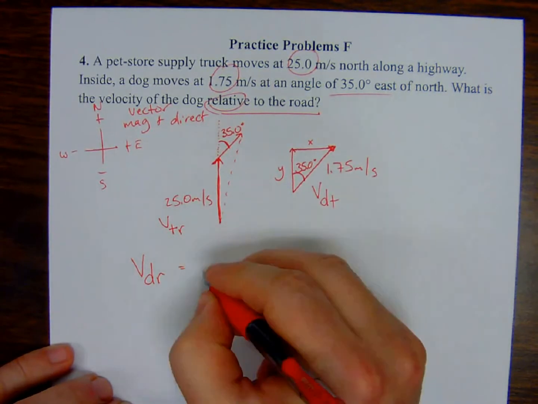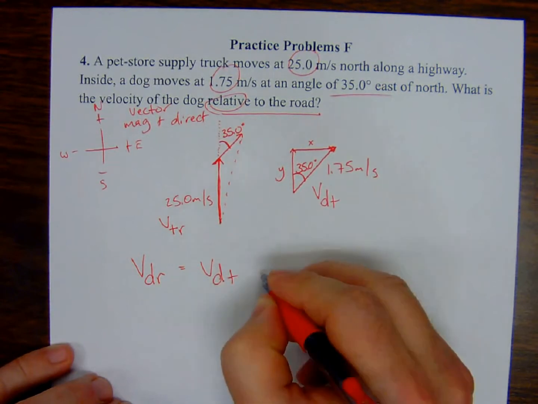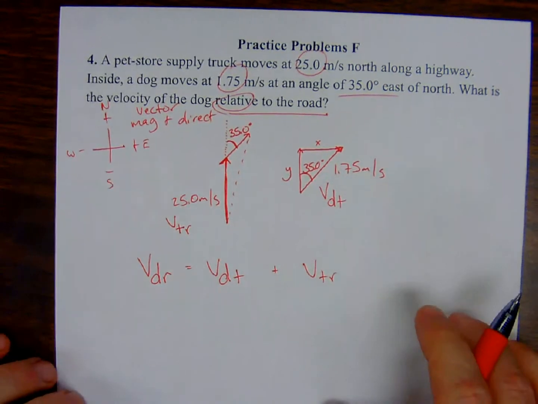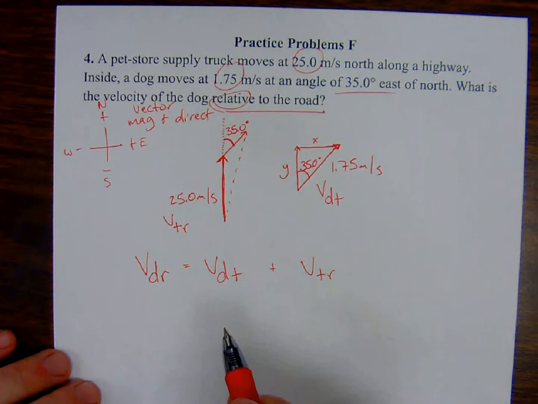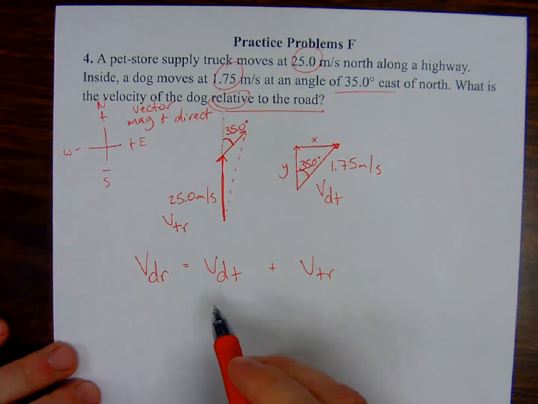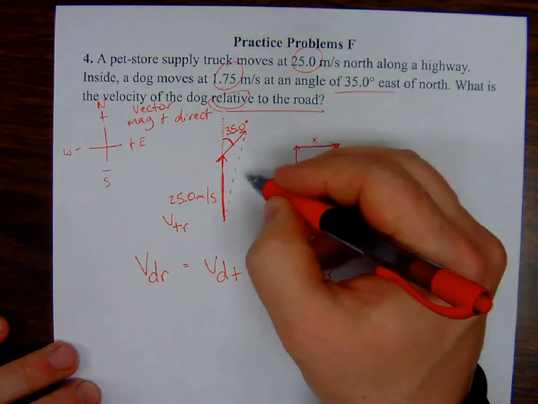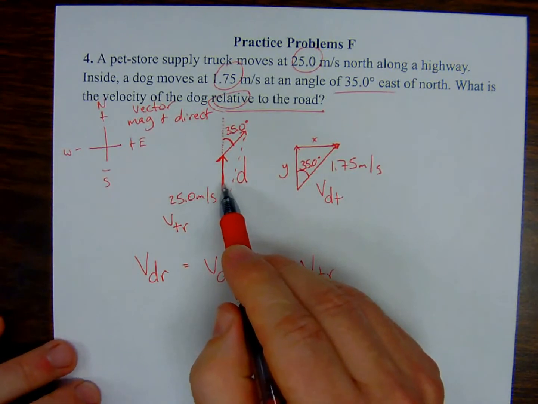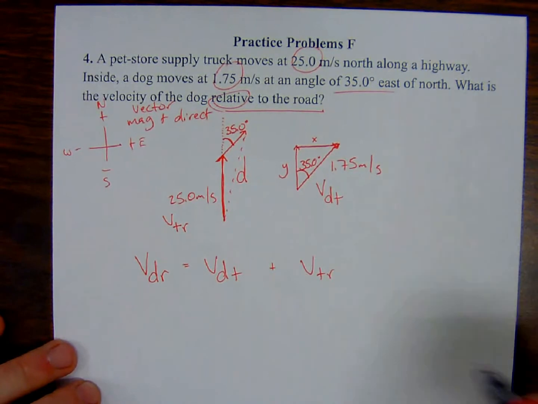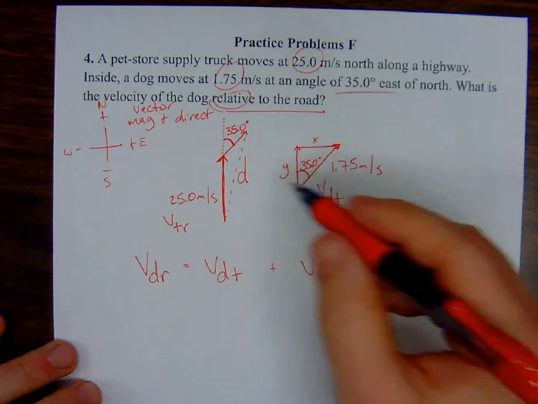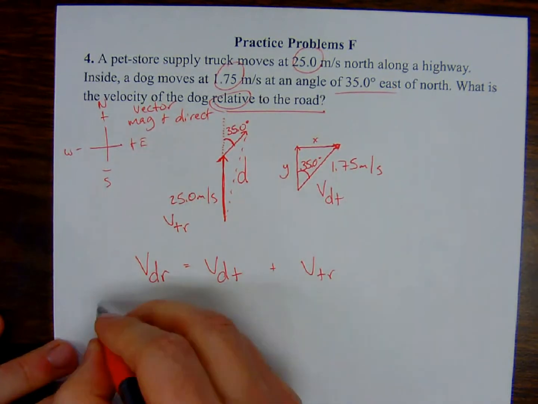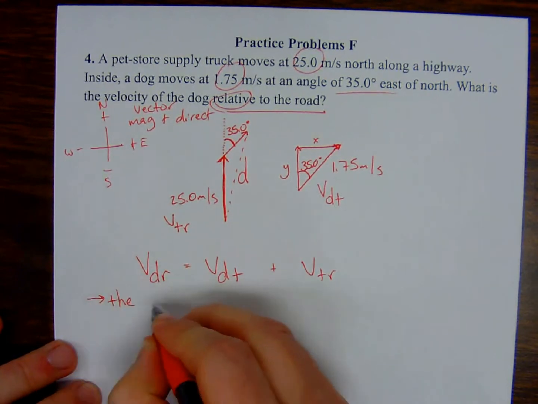So how are we going to set these things up? To get this resultant, imagine these are two triangles, even though this triangle has only y displacement and no x displacement. In this resultant, for the velocity of the dog relative to the road, the only movement in the x direction is due to the dog.